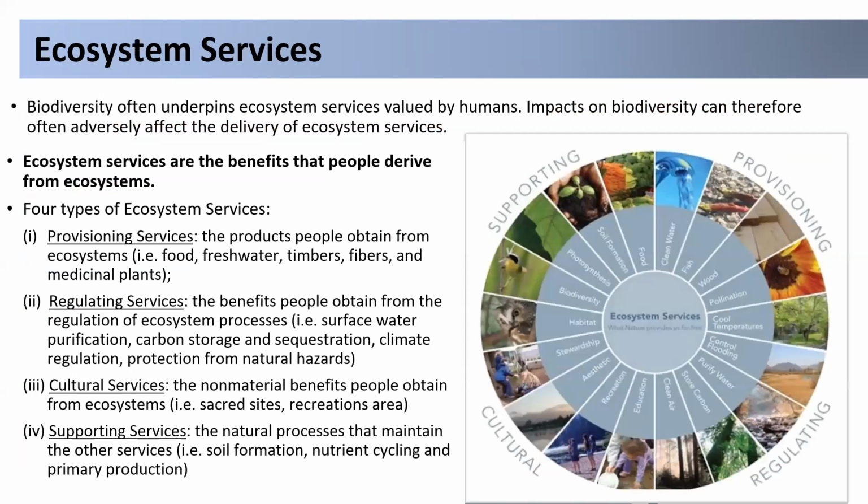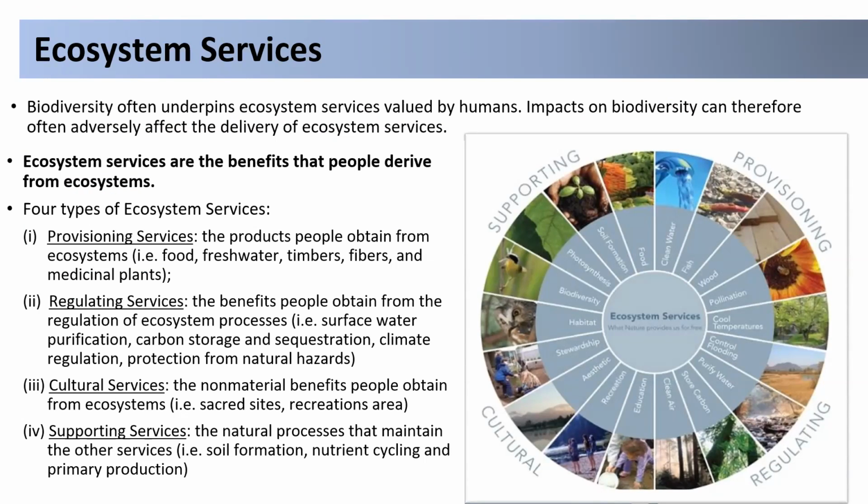So when we talk about habitats and biodiversity, we definitely have to mention ecosystem services. Ecosystem services are actually benefits that people derive from ecosystems. Those are all very valuable to humans. Those are the services that we get from the environment, from biodiversity.